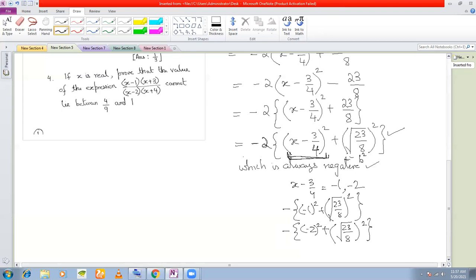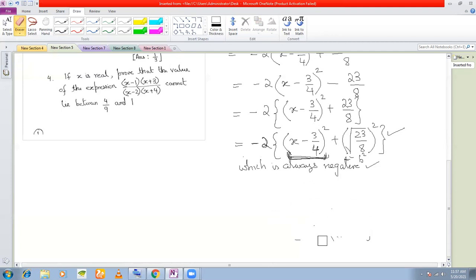right? But when will the maximum value occur? The maximum value occurs only when this part is 0. So therefore, maximum value, sorry, not minimum. We had maximum.